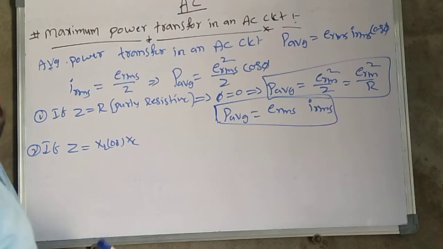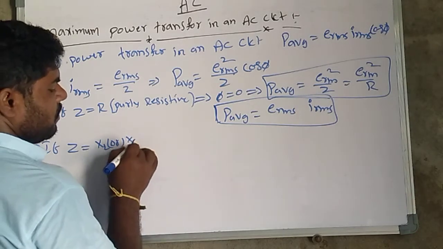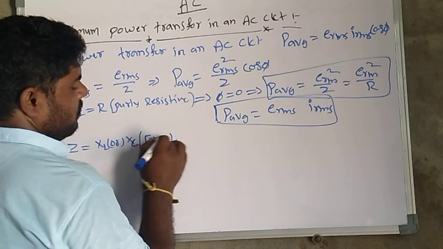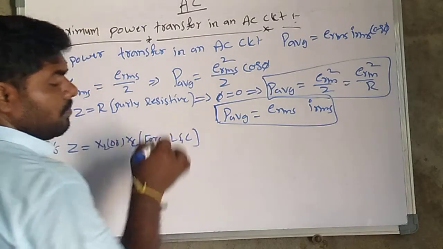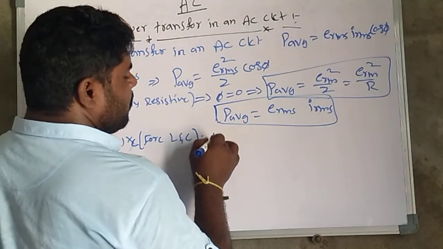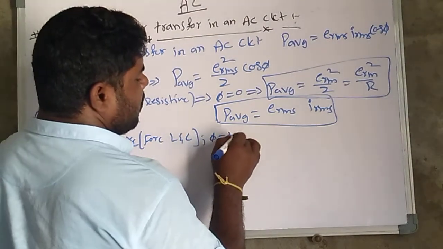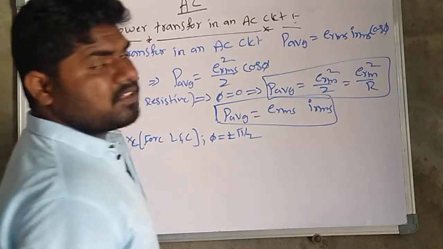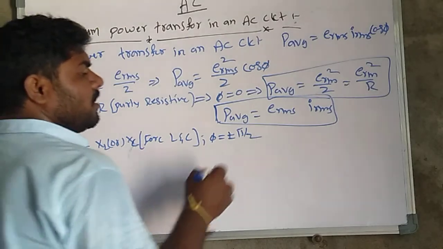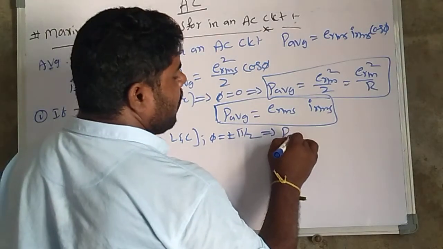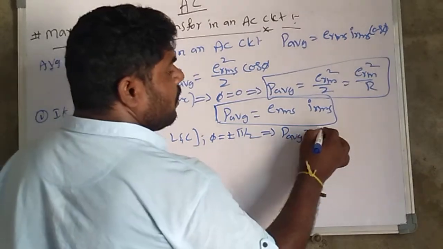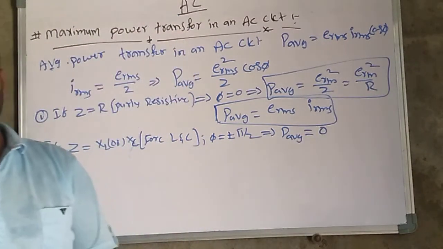For L and C, the phase difference is plus or minus pi by 2, depending on the situation. Whether it is plus or minus 90 degrees, the power value should be equal to 0.